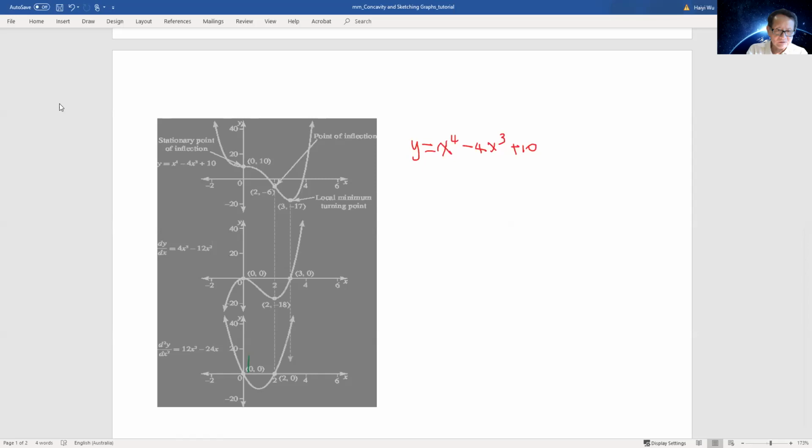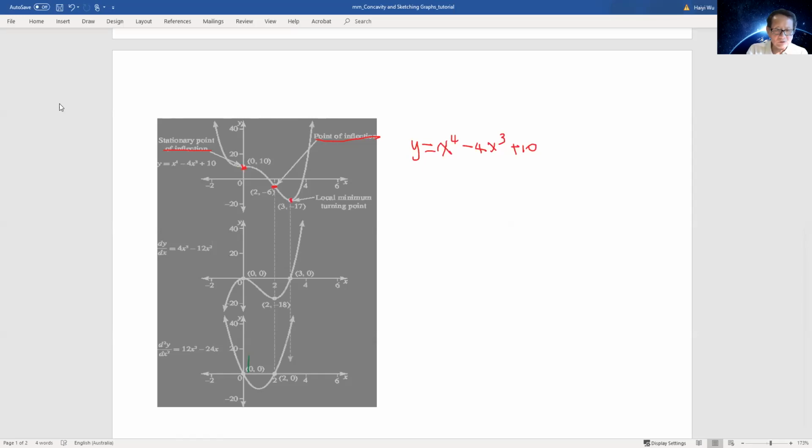Can you see that? And this is another point of inflection. So this is just a normal point of inflection. So this one is stationary, or called horizontal. This one is a minimum local turning point. So this is a minimum point. So we got 3 points.